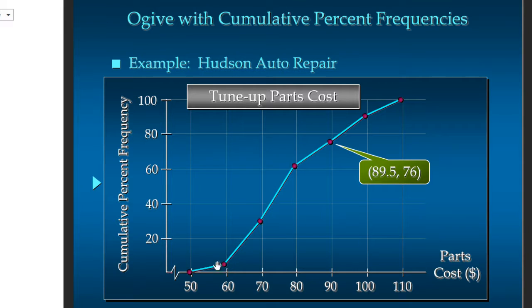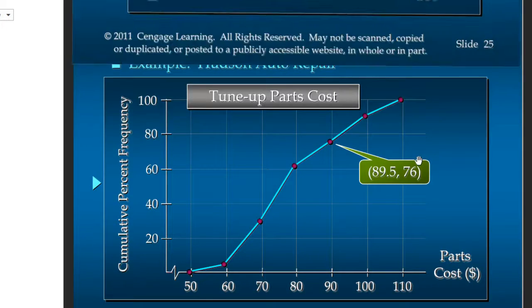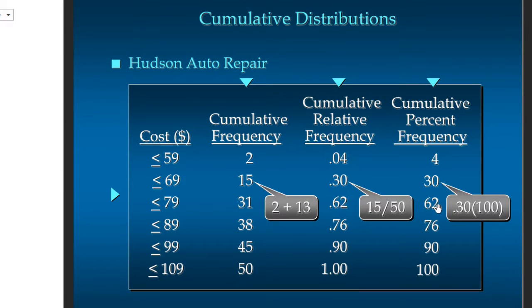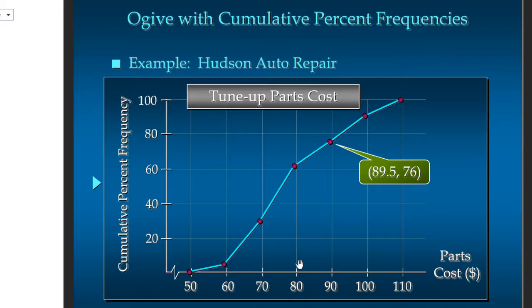So we had 4, this line refers to 4. Next one is 30, and then the next one is 62. So it goes up to 62 and so forth. It goes up to 100. Then once you get all these dots, you connect them with a straight line, and there you have it. This is what's called an ogive, the cumulative percent frequency graph.